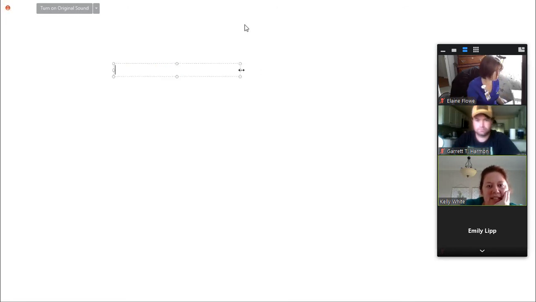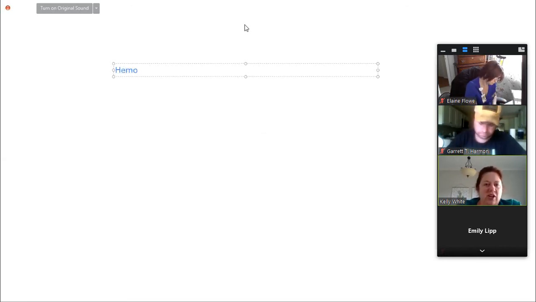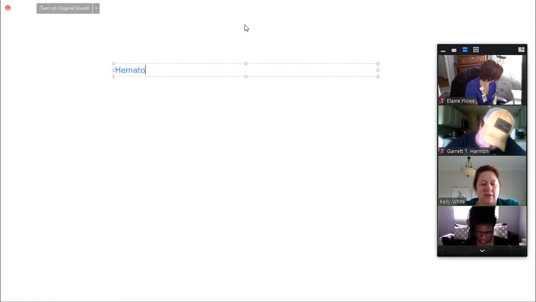So what kind of diagnostics are we going to look at with the patient with dehydration? We are going to look at our hematocrit. And our hematocrit is going to be increased, okay? Unless it's due to hemorrhage.